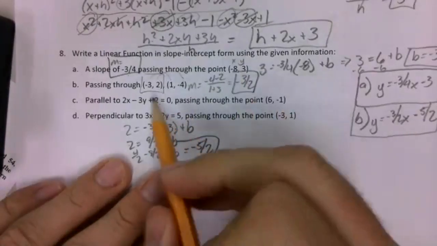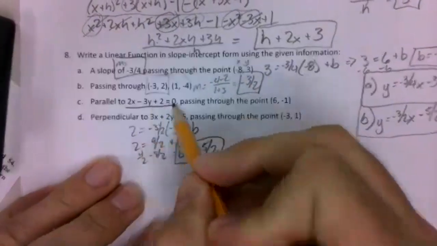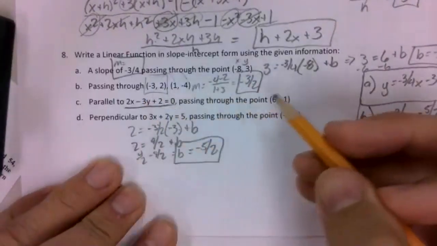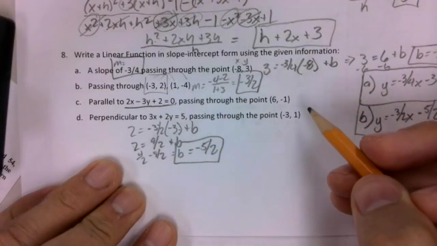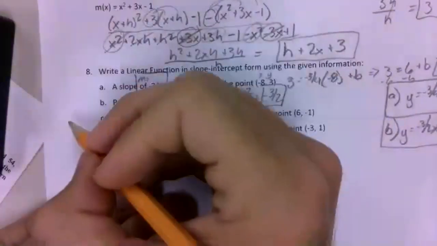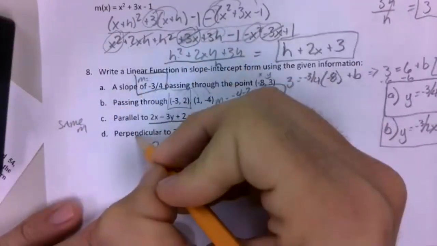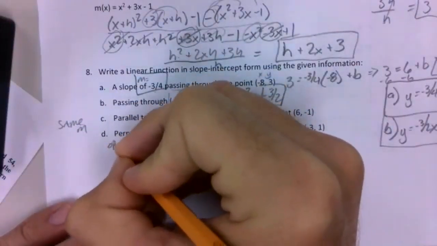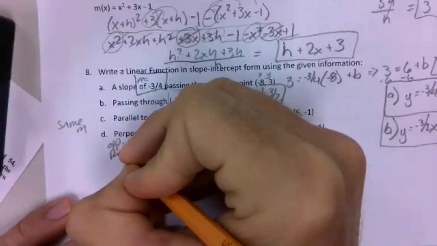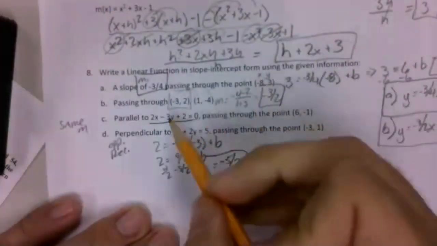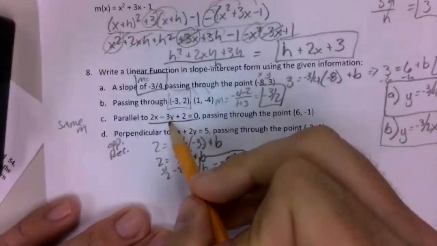Next one. The only reason I give you an equation is so that you can find your slope. I do not care about anything else. Remember, parallel lines have the same slope. Perpendicular lines, their slopes are opposite reciprocal. So let's do C. Solve for y.